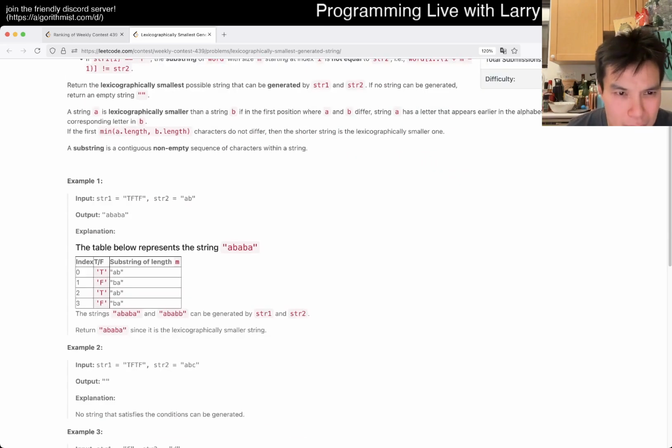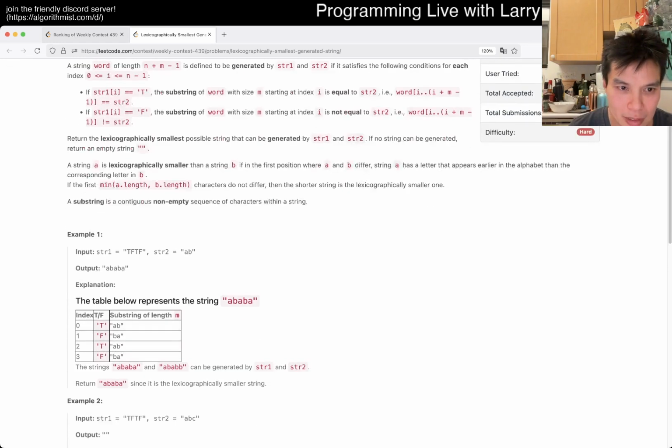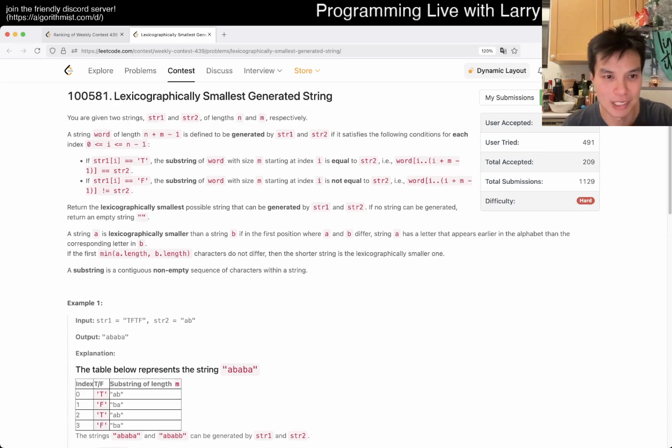Okay, maybe. Oh, string 1. Okay, so i, then a substring of word. What does that mean? I don't know. I understand the problem. Okay, actually read it then. I'm a little bit tilted, I guess, from that one. But okay.